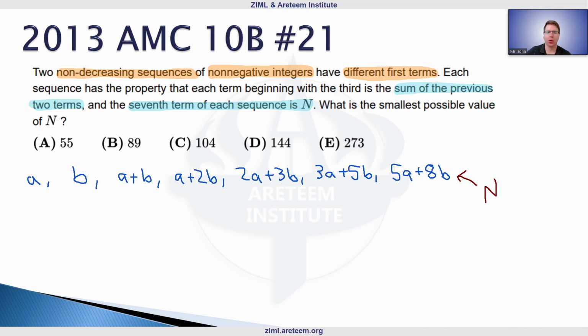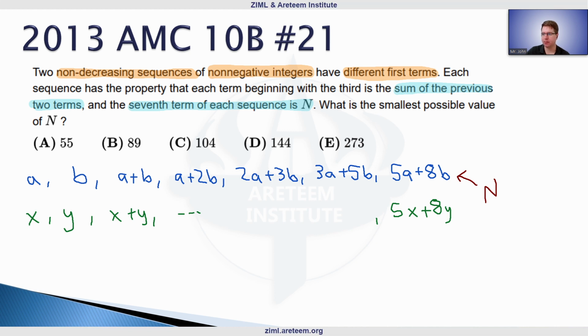But now we're getting into the fact that we have a second sequence and different first terms. I'm not going to write this whole thing out, but let's say we start with x and y, and then we'll have x plus y, and so on. Notice we're still going to follow this same pattern, so the seventh term in terms of x and y is going to be 5x plus 8y.